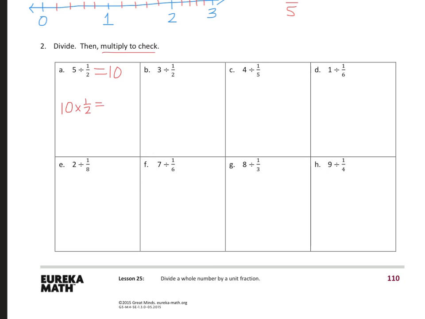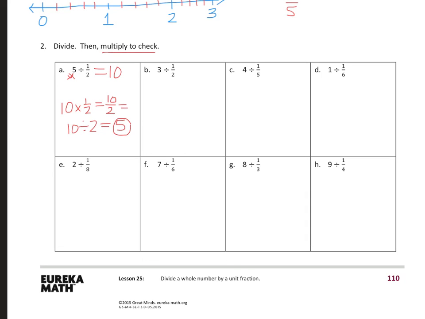If you have 10 times 1/2, that's like 1/2 plus 1/2 10 times, you're going to get the fraction 10 over 2, which you should remember 10 over 2 is also equal to a division sentence of 10 divided by 2, which then would give you your answer 5, which matches the dividend of the 5 up right there. That means we got the answer correct.